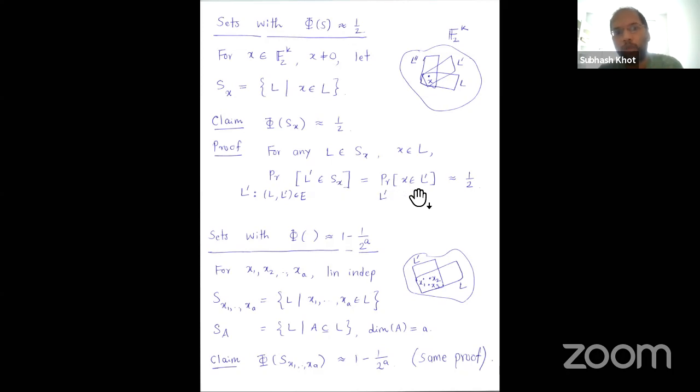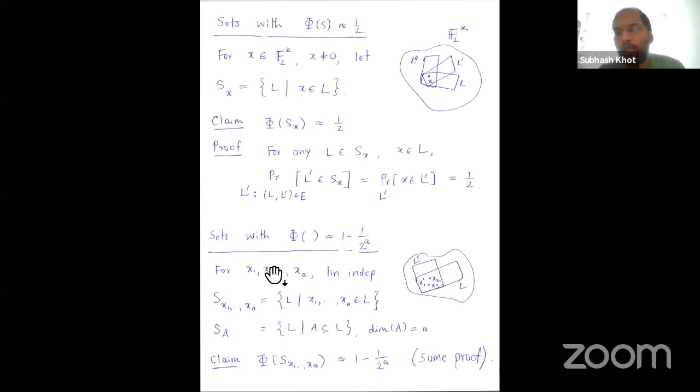That is the same as asking what's the probability that x is contained in L prime also. We saw that: if x is contained in L, and you move from L to L prime, x still remains contained in L prime with probability exactly 1/2, more or less. So with probability 1/2, you stay inside, and the expansion is 1 minus that probability. But 1 minus 1/2 is also 1/2, so its expansion is 1/2 here. Okay, I hope this is clear.